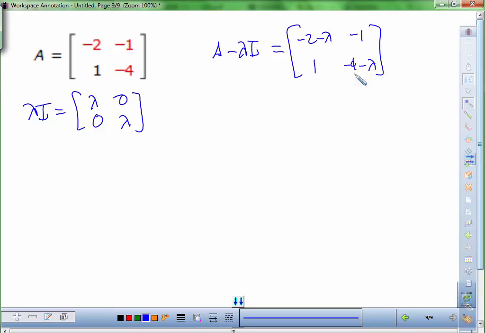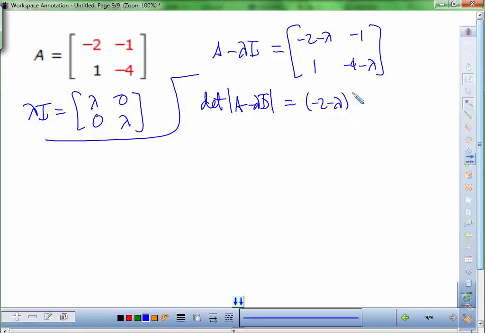Now, if you're in the linear algebra class or you've seen this enough times, this should be a quicker step. So the determinant of A minus lambda I will end up being the product of the diagonals minus the product of the wings.